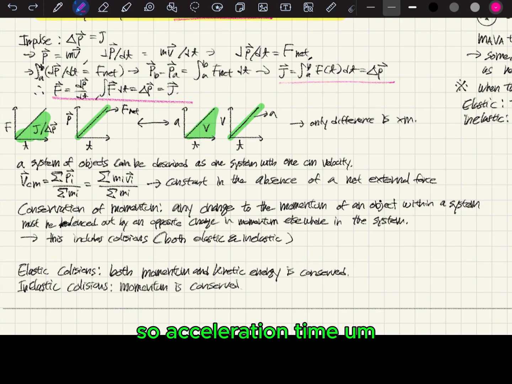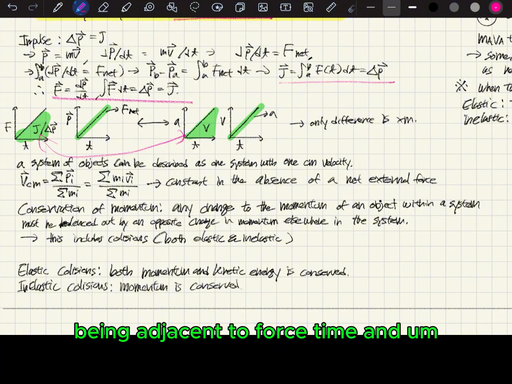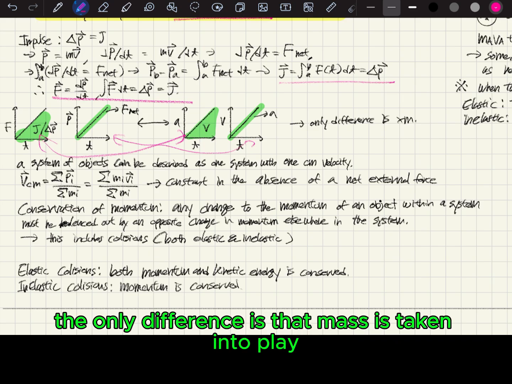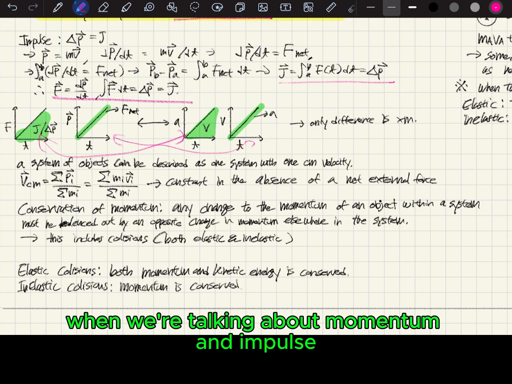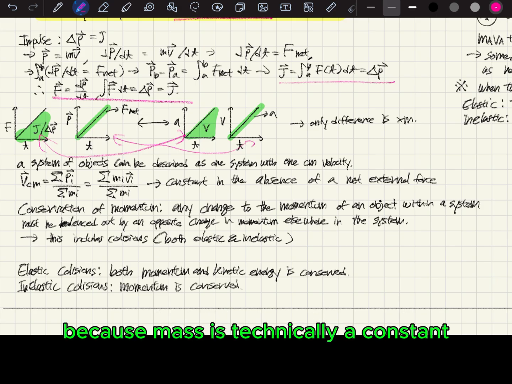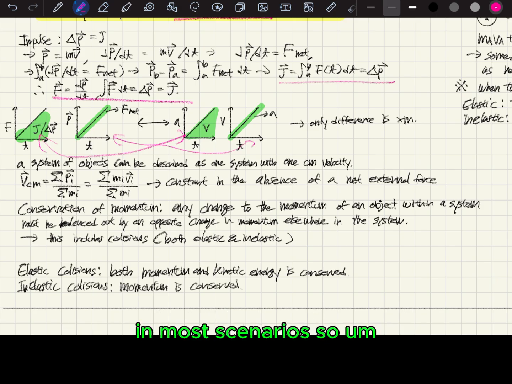Acceleration-time is analogous to force-time, and velocity-time is analogous to momentum-time. The only difference is that mass is taken into play when we're talking about momentum and impulse. But that doesn't really matter because mass is technically a constant in most scenarios.